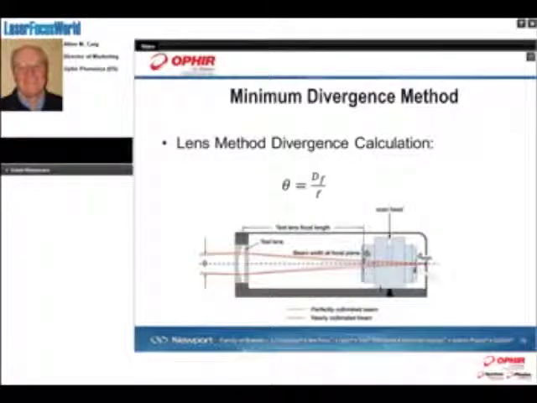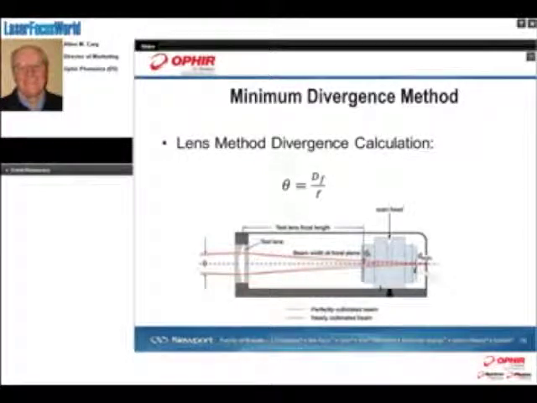And this is why this measurement actually comes out slightly different than if we just try to maximize the waist to infinity. Again, you have to look at what it is I'm trying to do. In this case, if I'm trying to build a system that gives me a collimated beam over several meters, this is probably one of the best ways to do it.